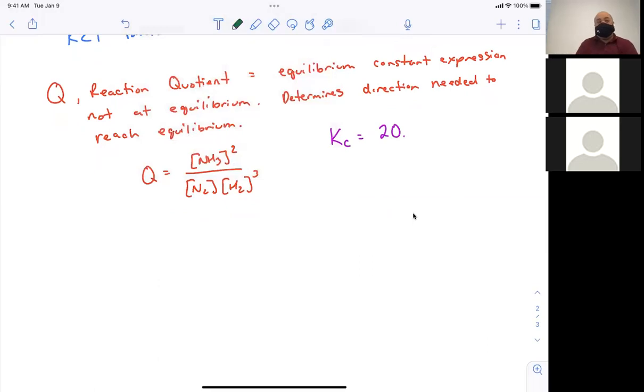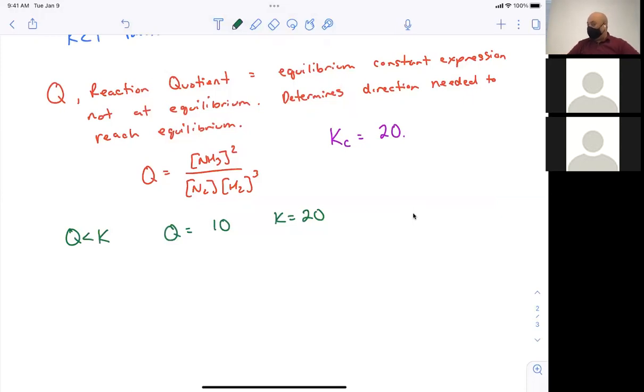Now, if the K of this reaction is 20, and let's say you calculated Q to be 10. Q is 10, K is 20. So Q is less than K currently. So which way does the reaction have to shift to get to equilibrium? Looking at this expression, think about this. How do we make the number bigger to reach the K value?